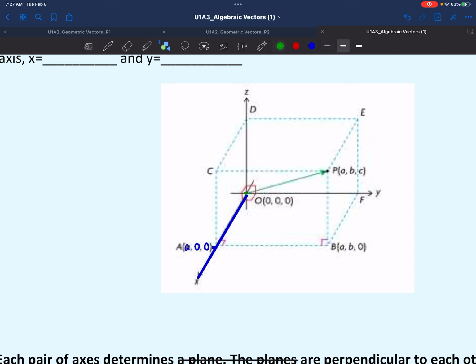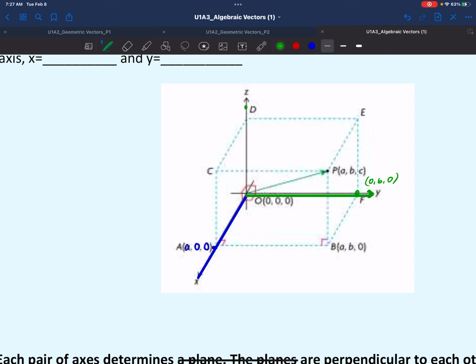Similar to this, any point that is located on the y-axis, say for example, right here, we'll have the x-coordinate 0, the y-coordinate some number, and the z-coordinate 0.